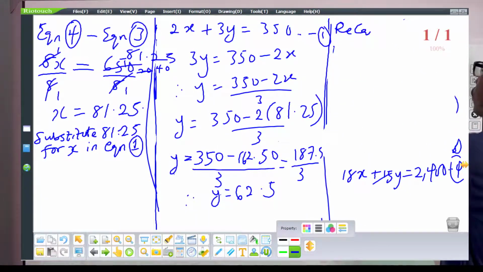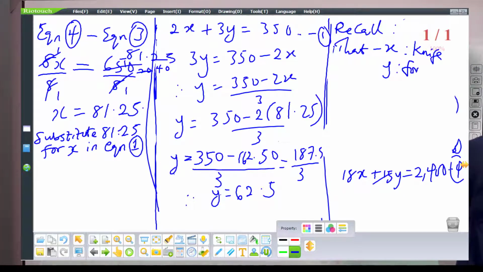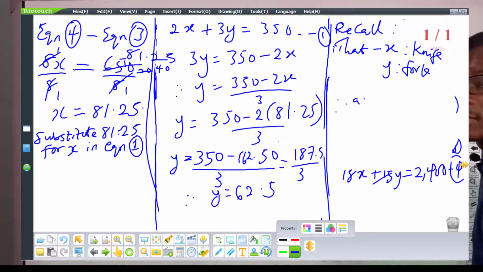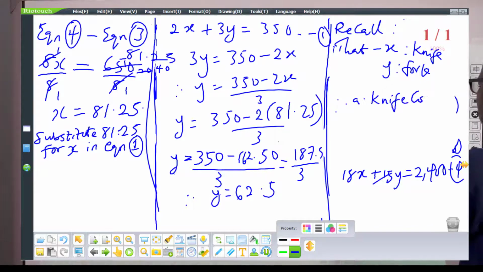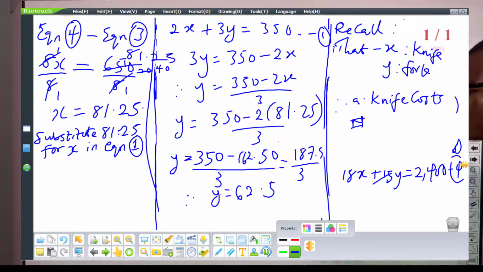Recall that x stands for knife and y stands for fork. So, since x stands for knife, the value of knife, which is our first requirement, you change back to naira.